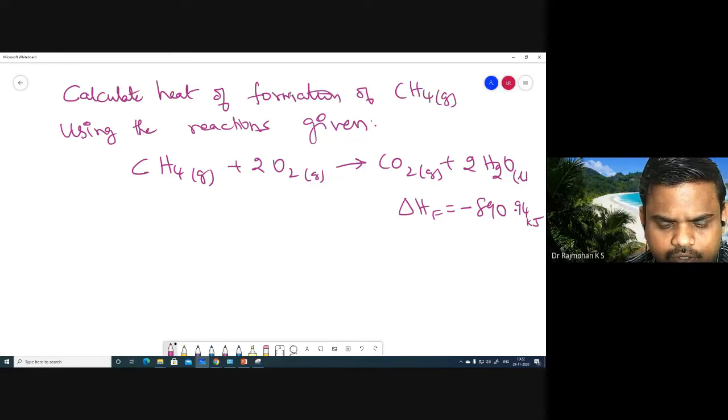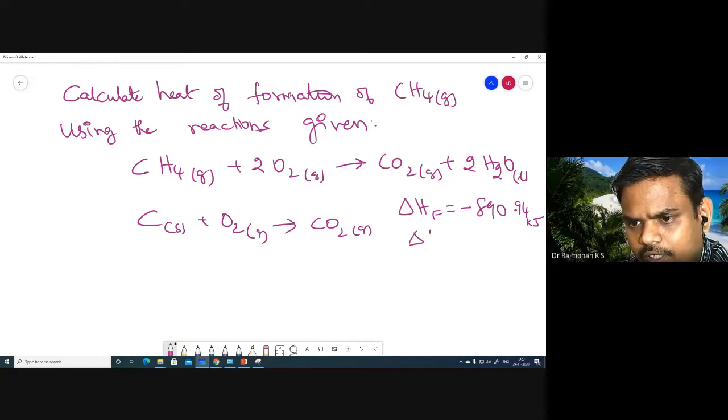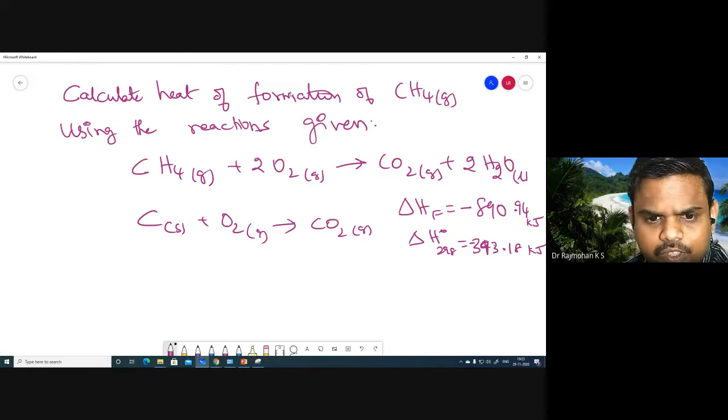Another reaction is given, C solid plus O2 gas gives CO2 gas, where delta H at 298 is given as minus 393.18 kilojoules.